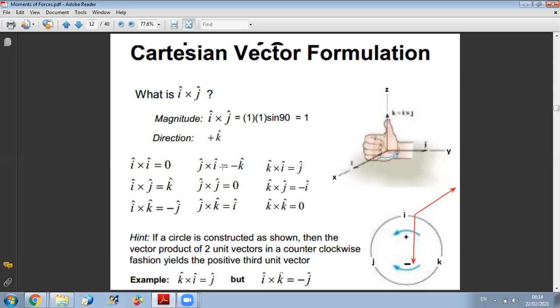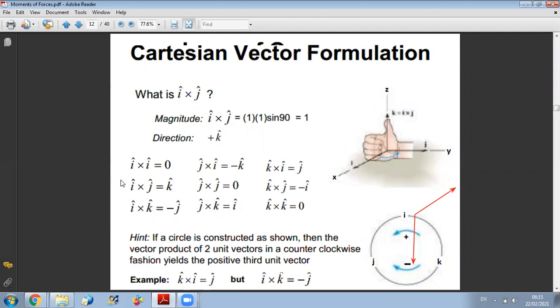Now, if I do j vectorial i, for example, I can always go back to the right hand rule. In this figure I did i vectorial j, because look, I curled the fingers of my right hand from i towards j, and as you can see my thumb is pointing upward, so i vectorial j is equal to the k vector.